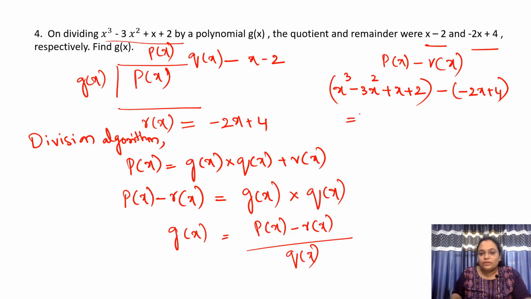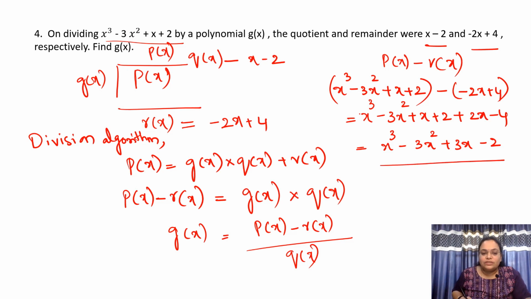When you subtract these both, this is x³ - 3x² + x + 2, and this is +2x - 4, which is x³ - 3x² + 3x - 2.